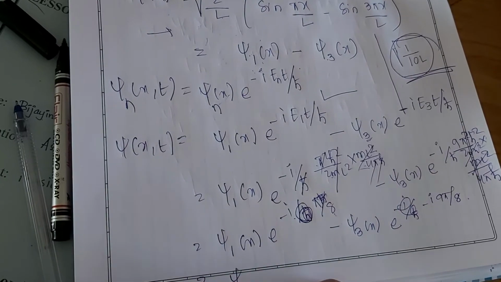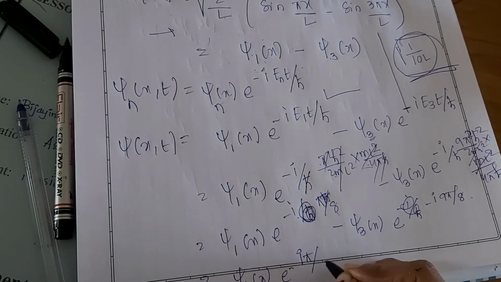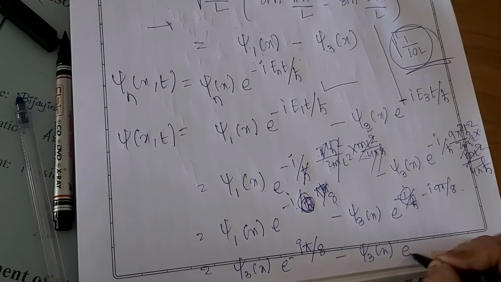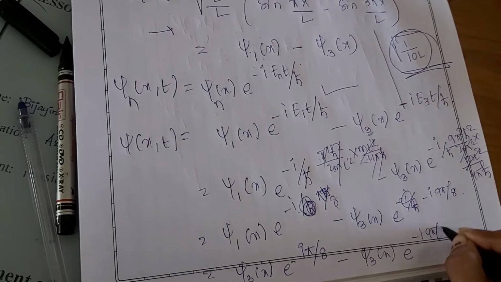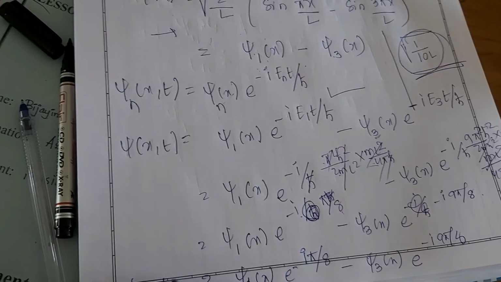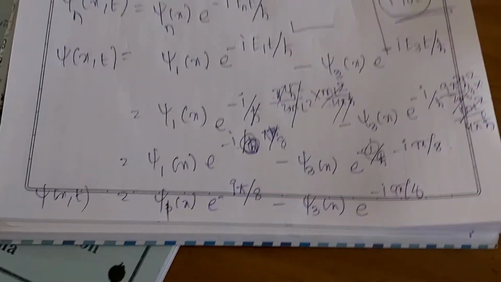So psi 1 of x e to the power minus i pi by 8 minus psi 3 of x e to the power minus i 9 pi by 8. For such questions, you just have to see the format in which the answer is given.